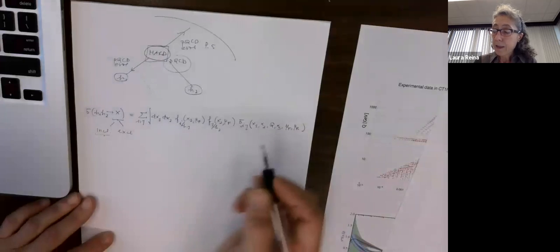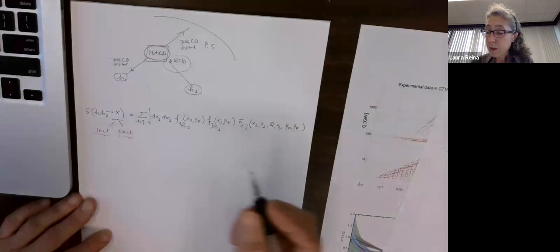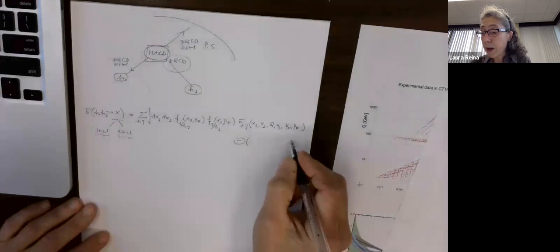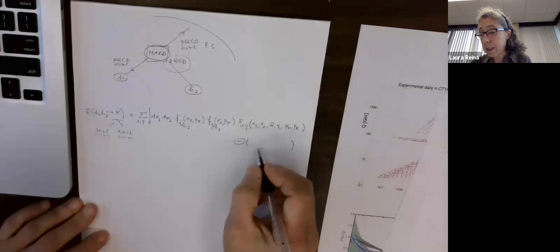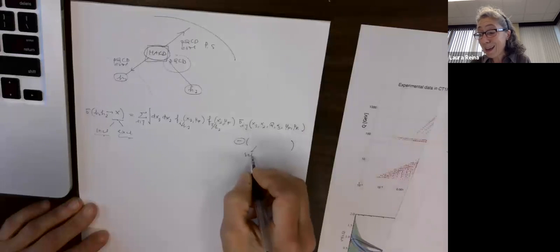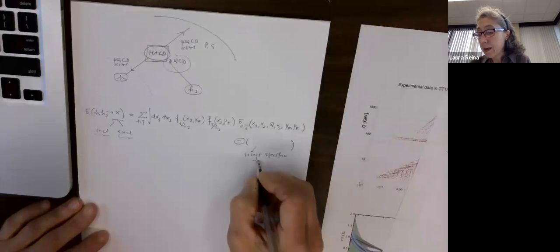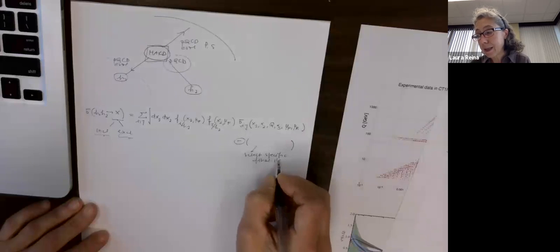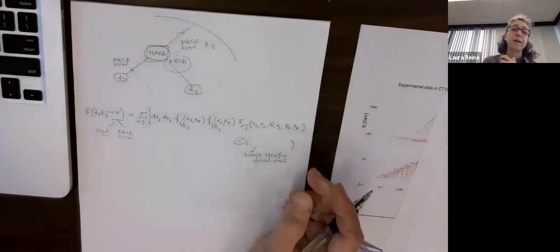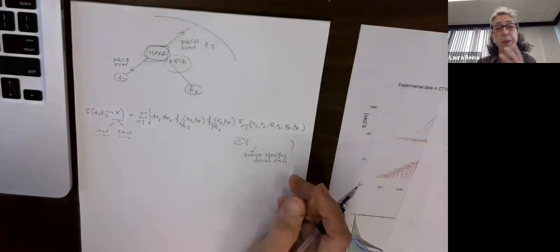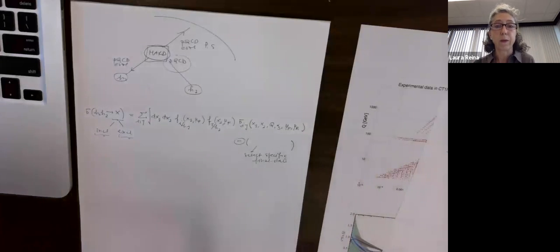Now, in the inclusive case, this is the end of the story. In the exclusive case, this could be further convoluted by a function that I don't specify here, but that can select a specific final state: particular kinematics, particular jet structures, or particular exclusive properties of the final state that we don't want to deal with at this point.